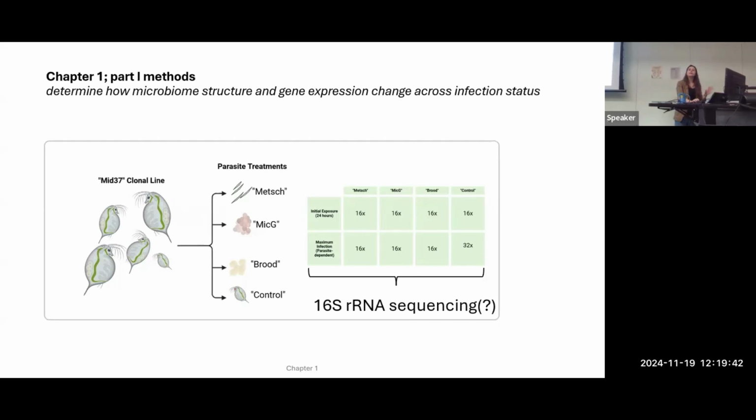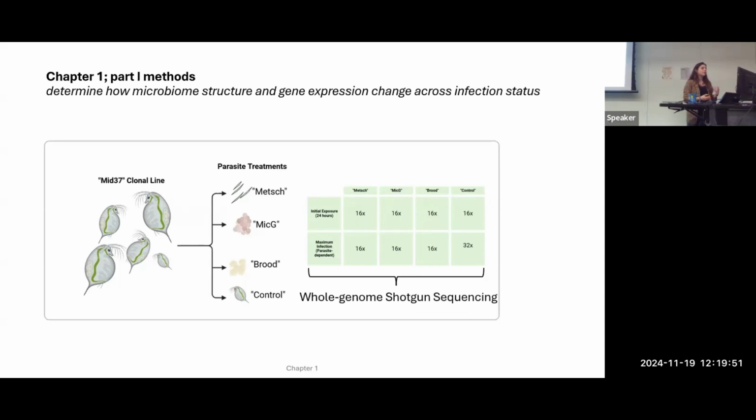So I'm actually using my 16S RNA sequencing as a way to pre-screen interesting treatment groups that might be cause for me to process them through whole genome shotgun sequencing. What this will do is show me the entire potential suite of genes present within the microbiome. I will do this to determine how the microbiome structure and gene expression changes across different parasite treatments and across different sacrifice time points.